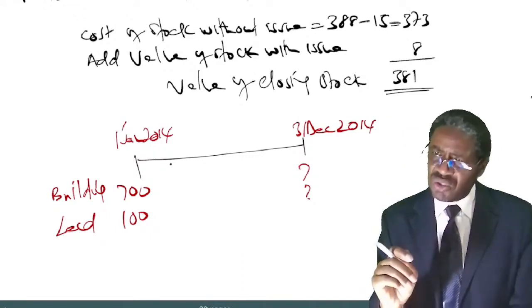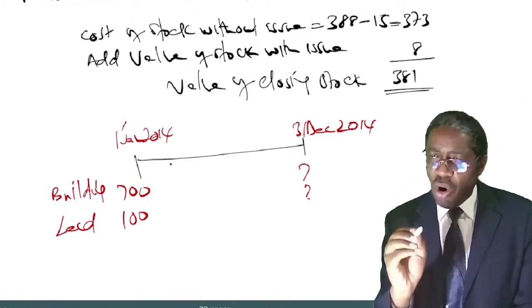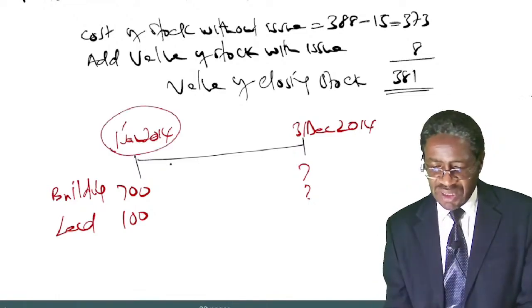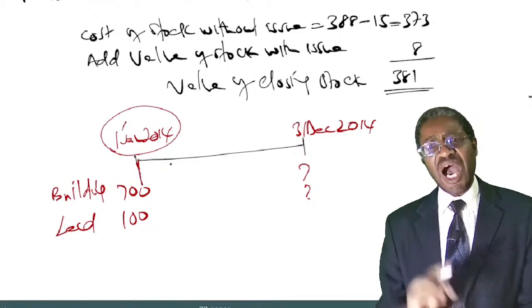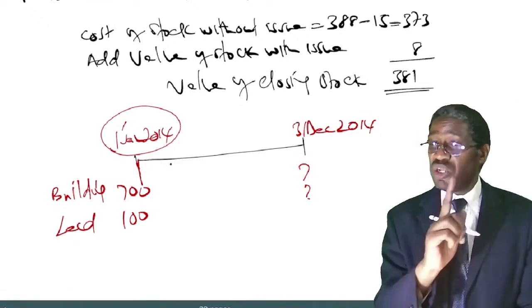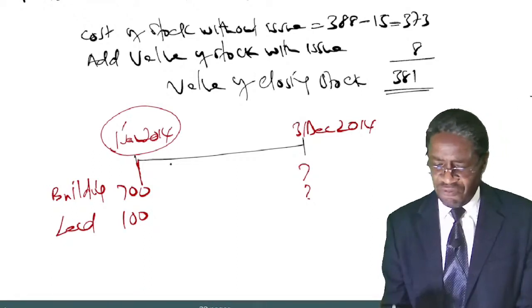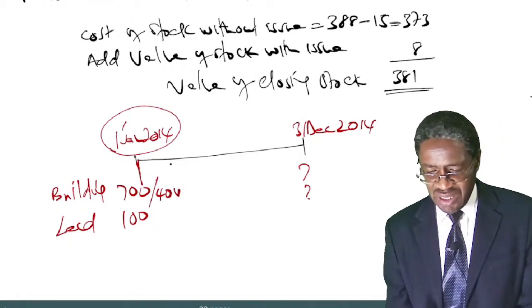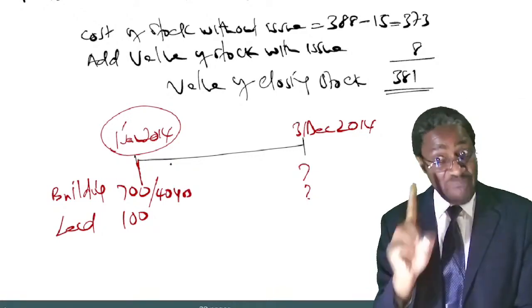But this question tells you land and buildings were revalued on 1st January. So if as at the beginning of the year, our land was revalued, our building was revalued to 700, and it has a remaining useful life of 40 years, then how much will you depreciate it this year by?